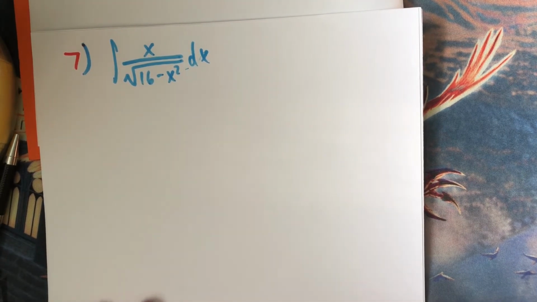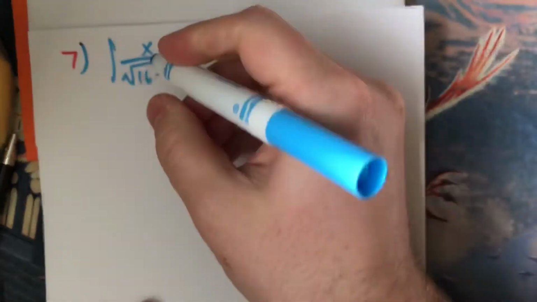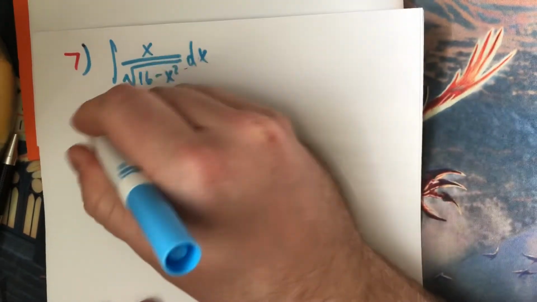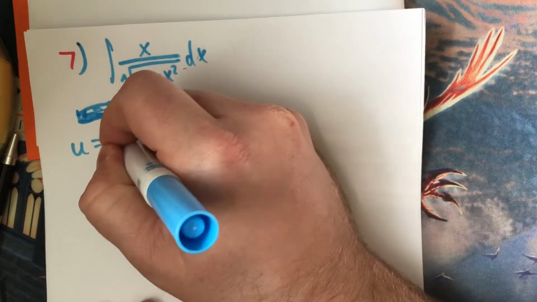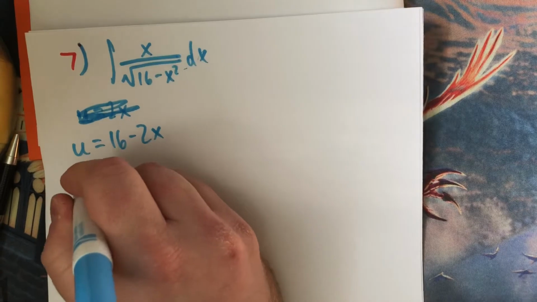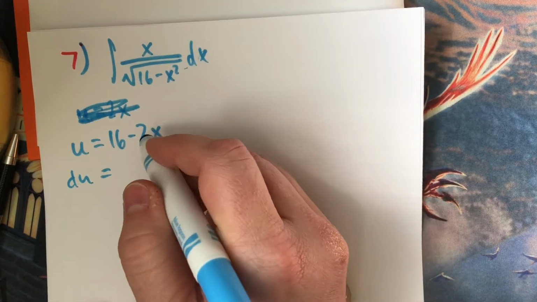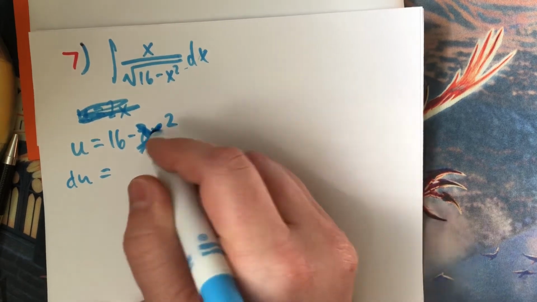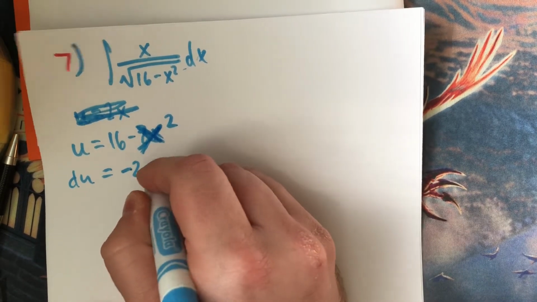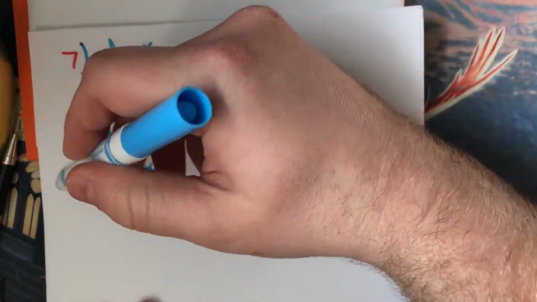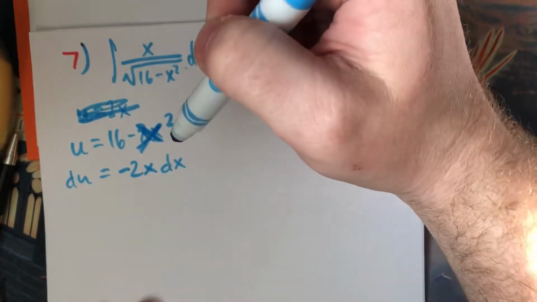All right, let's see what happens here. Let's say u is equal to 16 minus x squared. Then when we take our derivative, we get negative 2x dx.